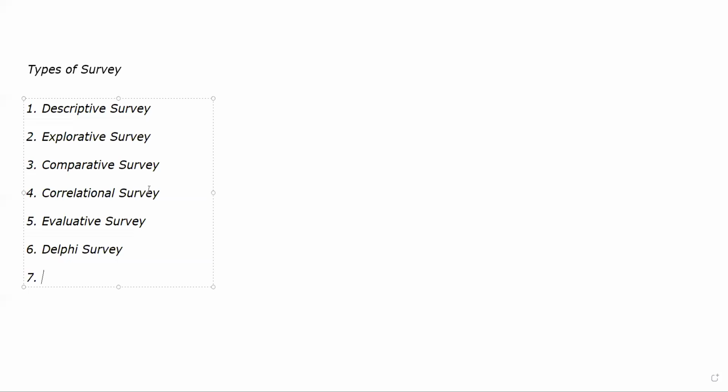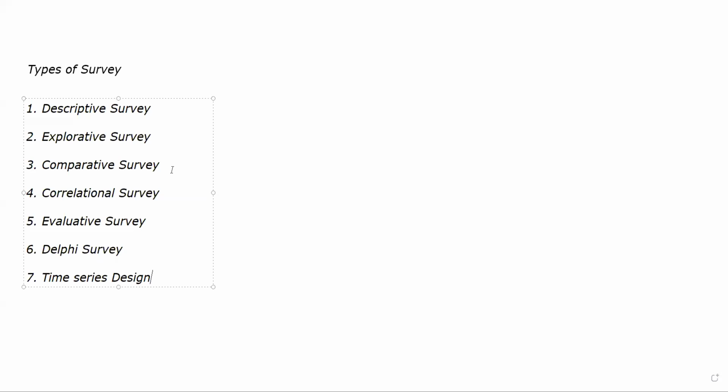Then we have time series design. Now this type of study is basically done to study a phenomenon, how it is evolving over time. For example, the learning process, या physical development, या फिर healing in general.